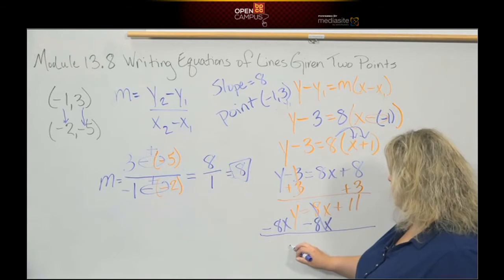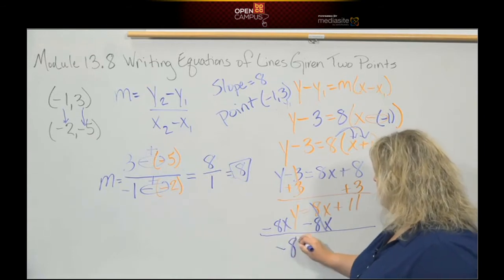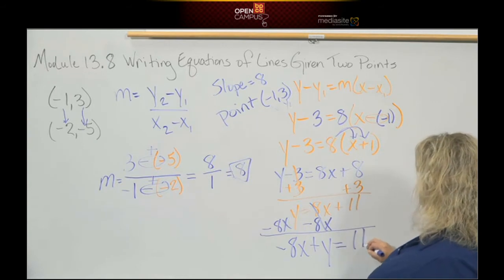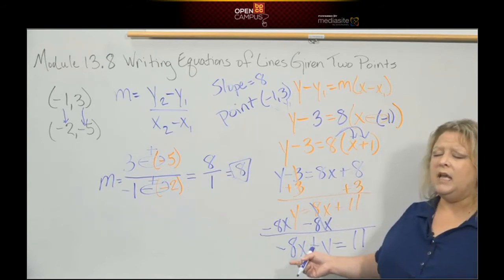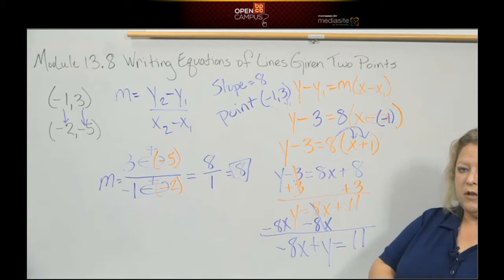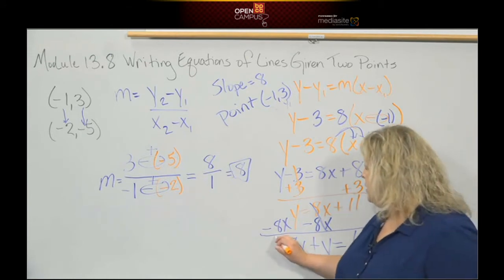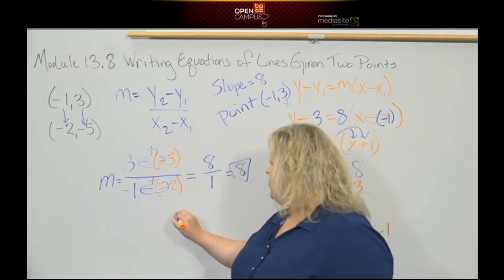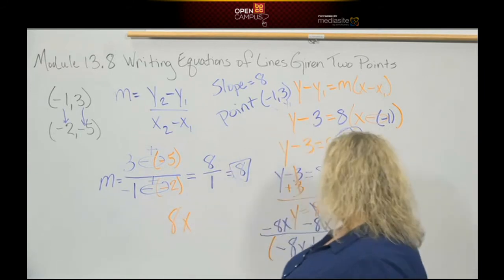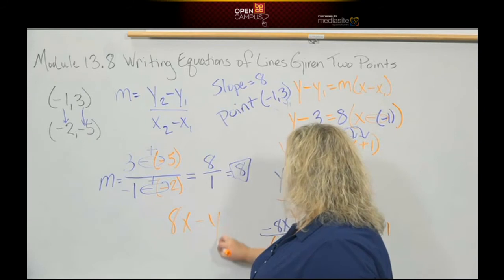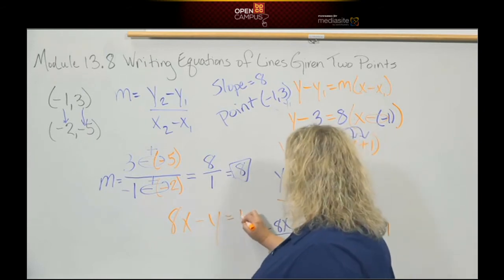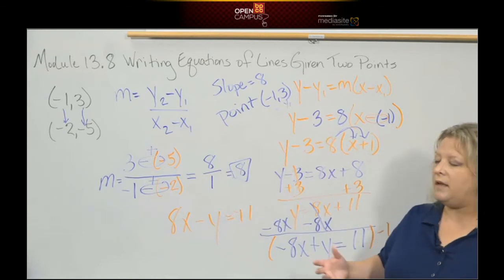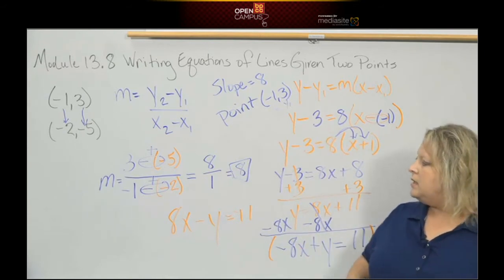That gives me negative 8x plus y is equal to 11. And again, if your editor says no negatives, then you multiply by -1, and that would give you positive 8x, a negative 1y, and a negative 11. It just depends on the editor of the software.